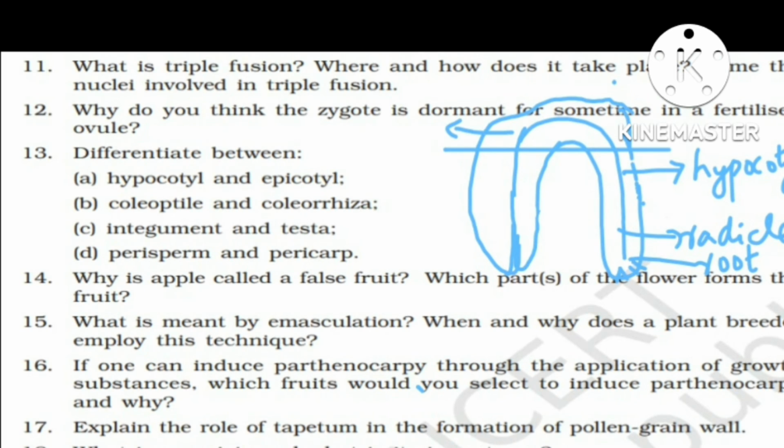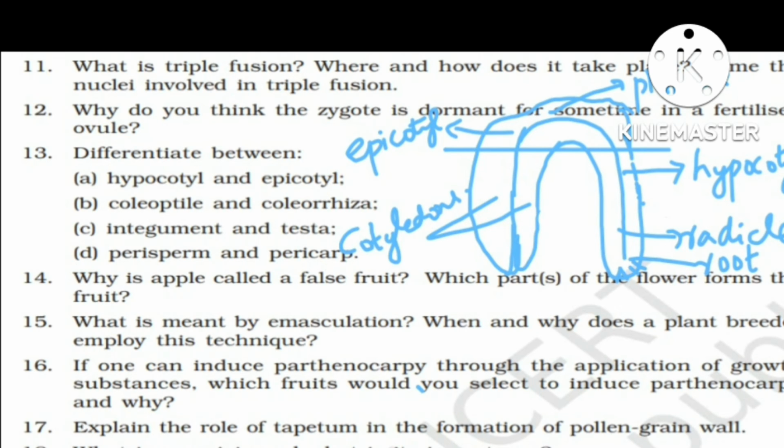So this will be epicotyl, and that will terminate to form the plumule or shoot of the plant. And these both are cotyledons. The same happens in monocot seeds also.